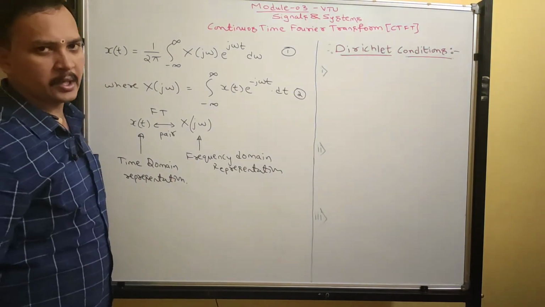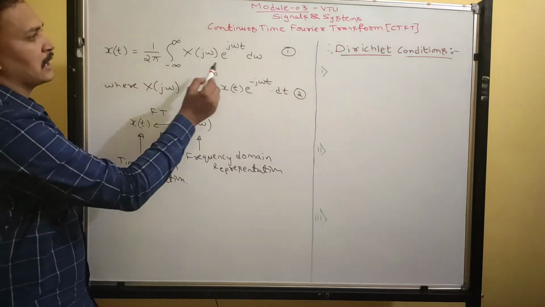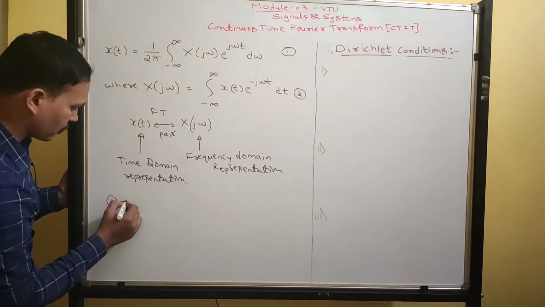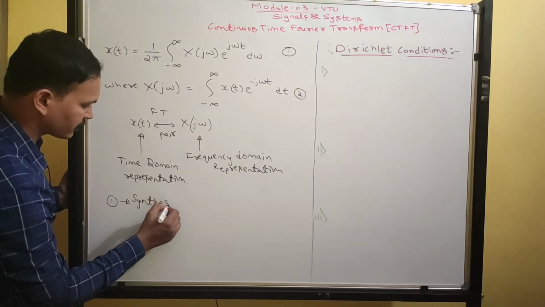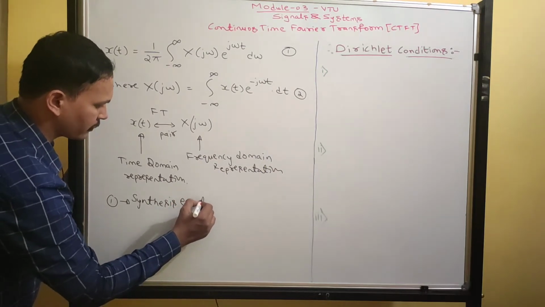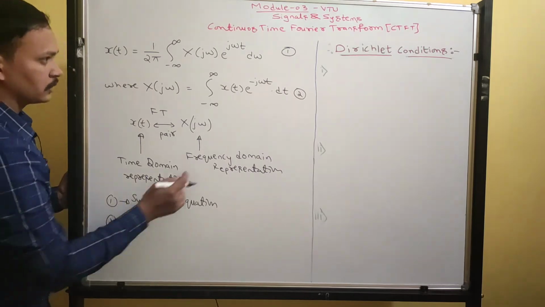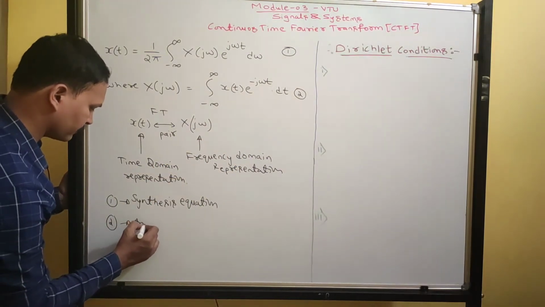So any continuous time non-periodic signal can be expressed by this equation 1. Equation 1 is also called the synthesis equation, and equation 2 is called the analysis equation.